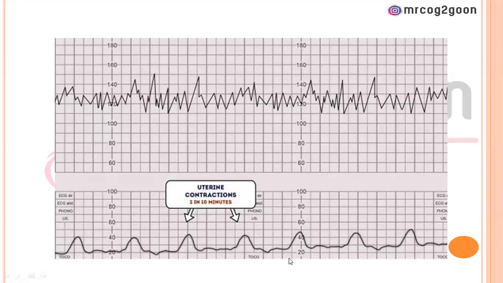Let's count again. 1, 2, 3, 4, 5, 6, 7, 8, 9, 10. We have 2 in 10. So this is acceptable. For a baseline monitoring, 2 per 10 minutes is acceptable. We will not look at this now. This is the heart rate, and this is the contraction.